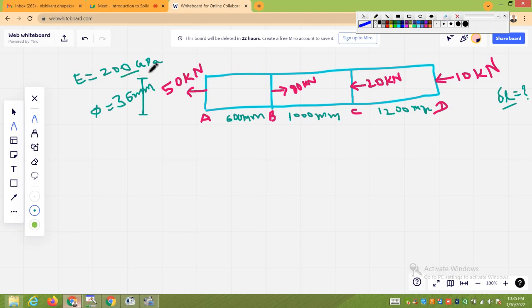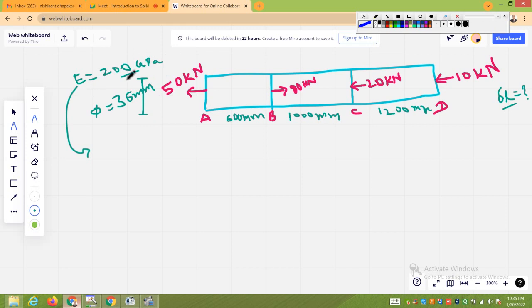As you know, giga means 10 to the power 9, and pascal means Newton per meter square. So first of all you convert these units into newtons and millimeters.